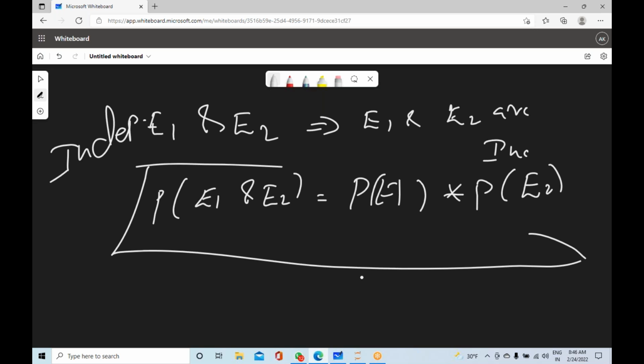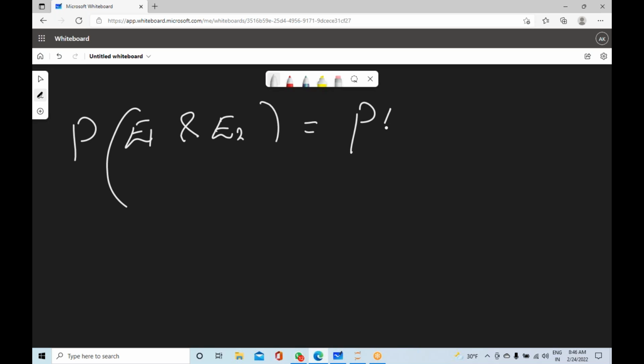In case of dependent events, where event 2 depends on event 1, and I would like to find the probability of event 1 and event 2, the formula is the probability of event 1 multiplied by the conditional probability of event 2 given event 1.